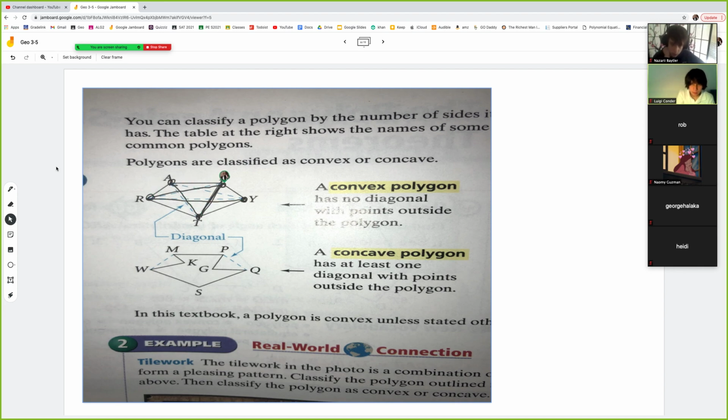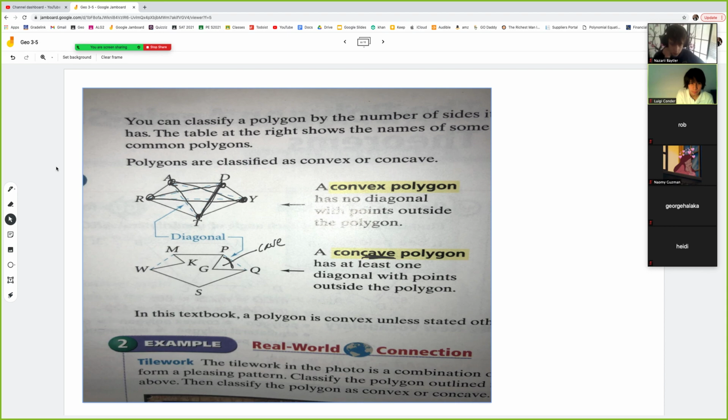Now, that seems kind of difficult to remember all of that. What I do is I remember concave, and then whatever the other one is, convex. Concave has a cave inside the polygon.